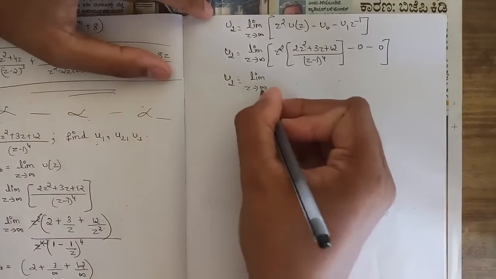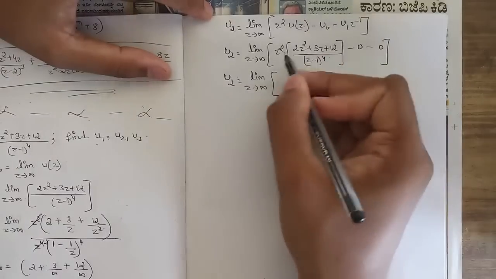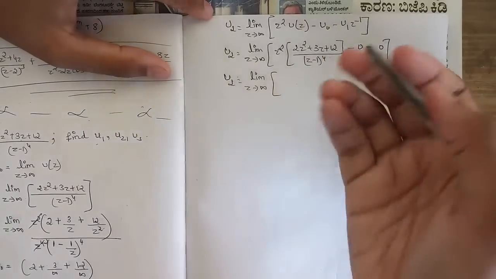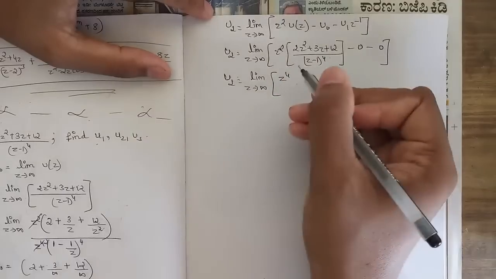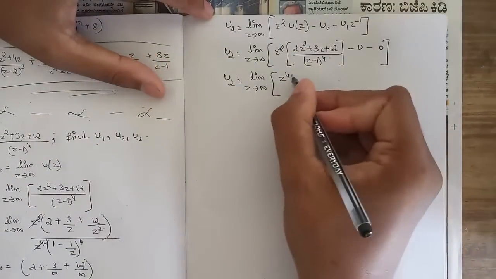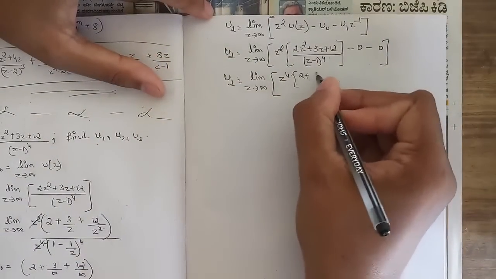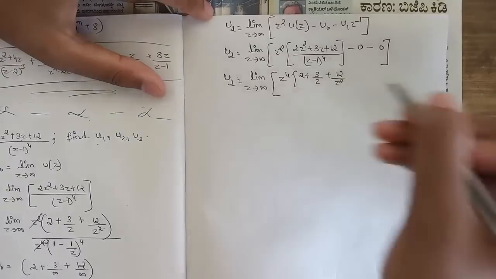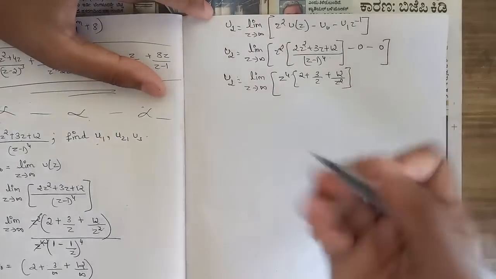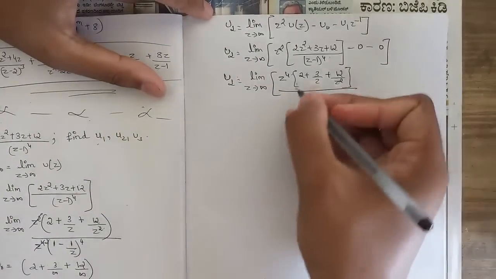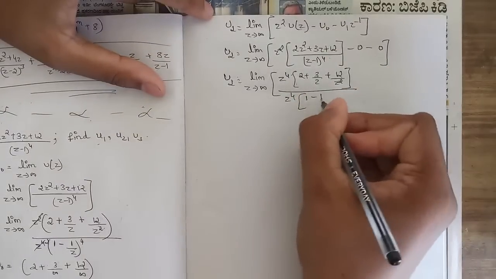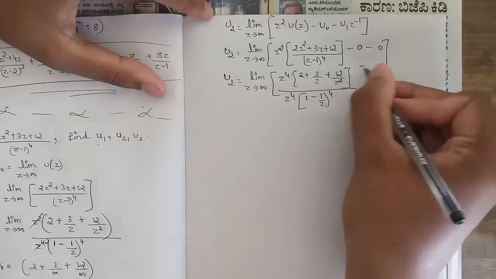Z tending to infinity. Again let's take z square outside. So since there is a z square outside, z square into z square would become z to the power 4 into again 2 plus 3 by z plus 12 by z square. 0 minus 0 is 0, I'm not going to write that, and again take z power 4 outside in the denominator, 1 minus 1 by z to the power 4.